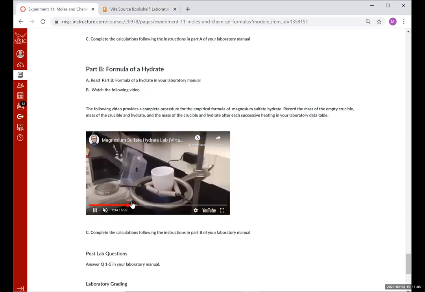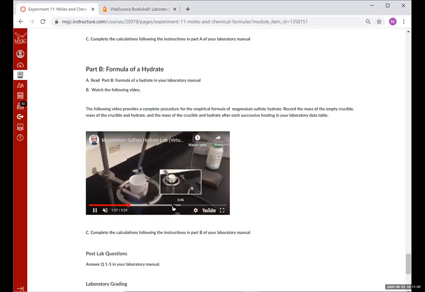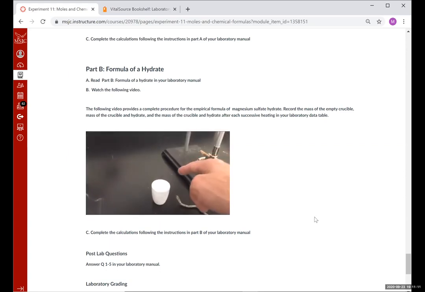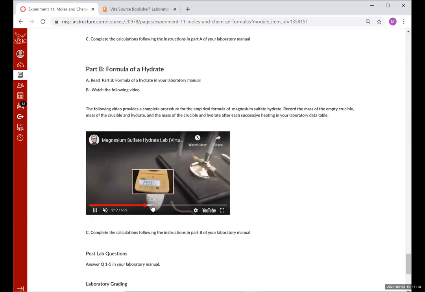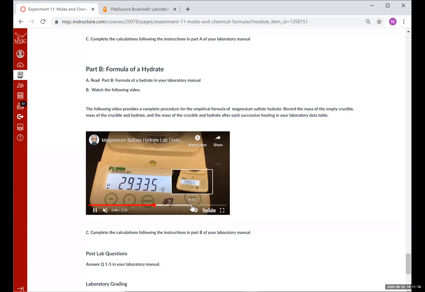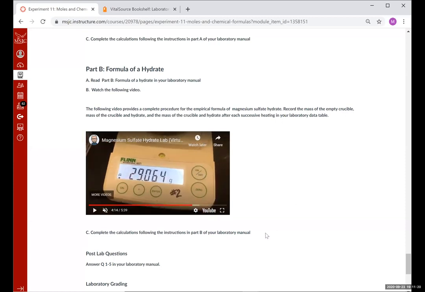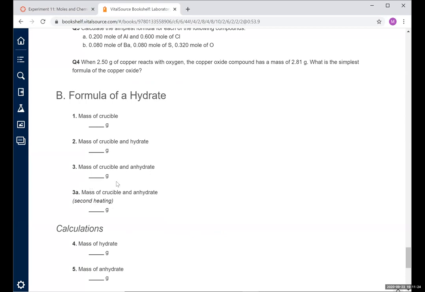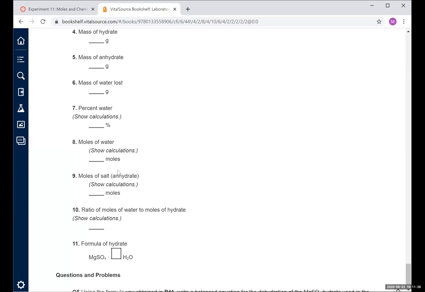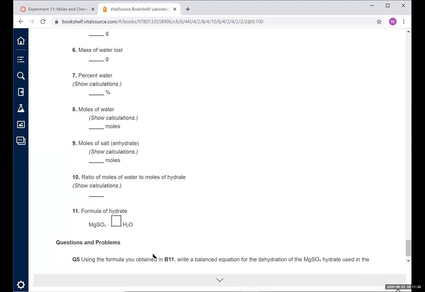They then heat the sample to drive off the water, and they weigh it multiple times after each heating. Once they've finished the heating process, then you'd record the final mass in your data table. And from these 4 pieces of data, you can in turn calculate the amount of water present in your hydrate.